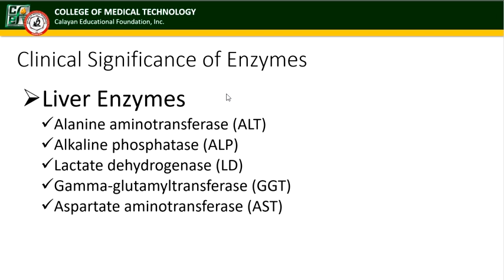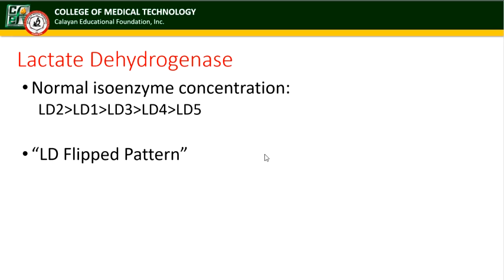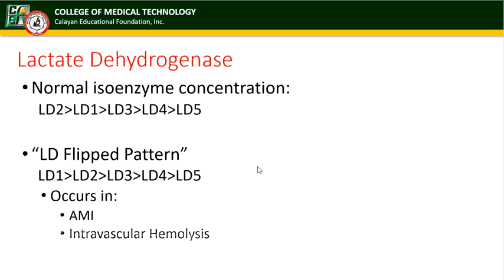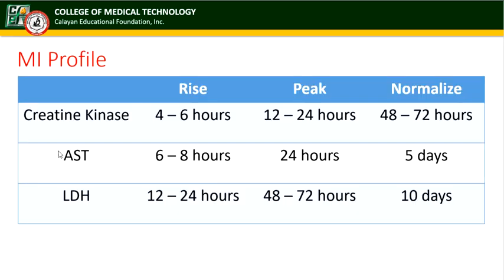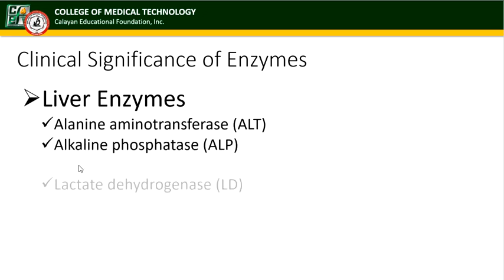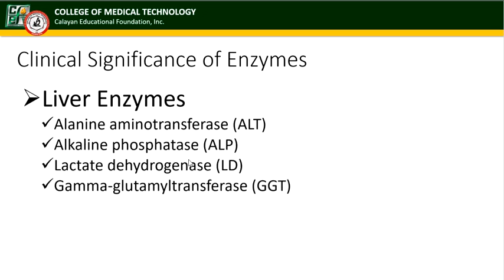Okay, so may nabanggit dito na kasama dun sa ating MI profile. So nabanggit yung AST. Okay, since yung AST kasi ay wide distribution or marami din siya sa ibang tissues natin, so hindi siya definitive. So, nabanggit din yung LD.